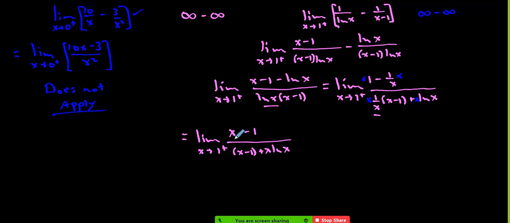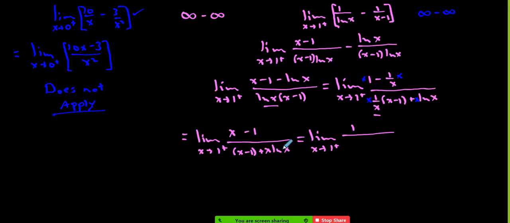Okay, now let's see if we can tell something here. If I put in a 1 up here, I get 0. If I put in a 1 down here, I get 0. So let's take the limit again. L'Hopital's rule again. The top is 1.